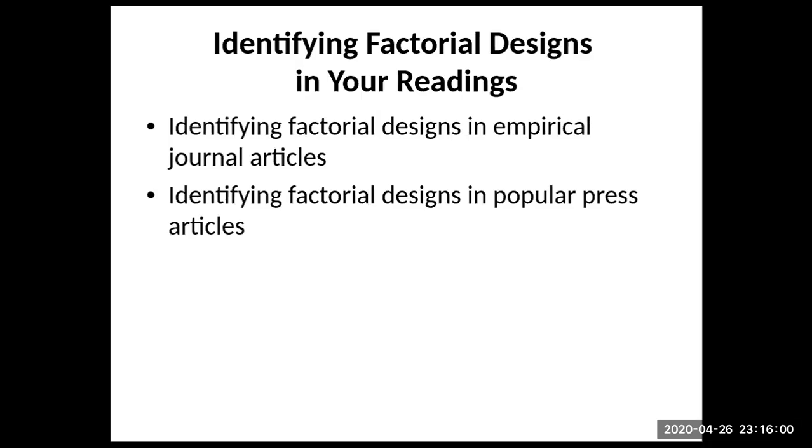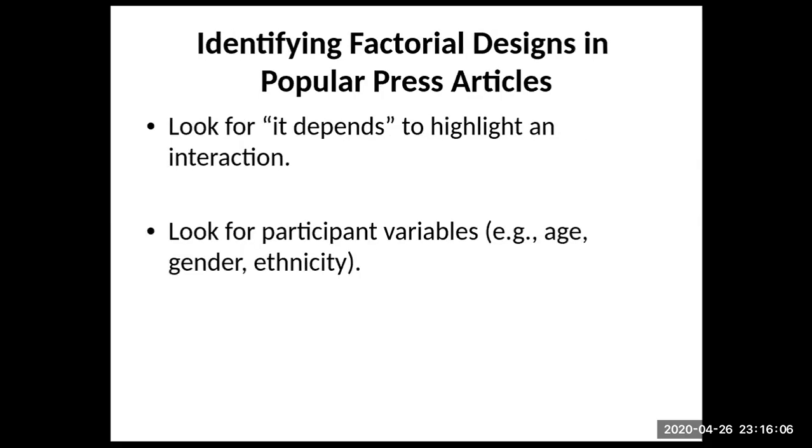When you look at factorial designs, again, in empirical journals and in popular press articles, we talk about "it depends," right? That the levels of one thing depend on the levels of the other. That's what an interaction is. So for a popular press article, you would look for wording like "it depends" to figure out if it's a factorial design.